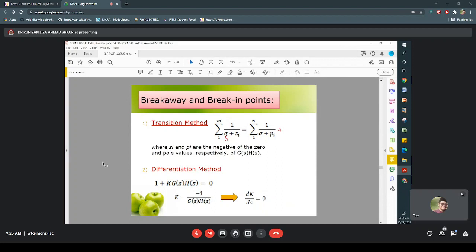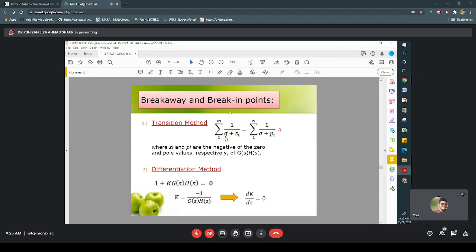From here, K equals that. Once you have rearranged your equation leaving only K on the left side, next you differentiate the right side equation with respect to S, and equate it to 0 to get your solution.